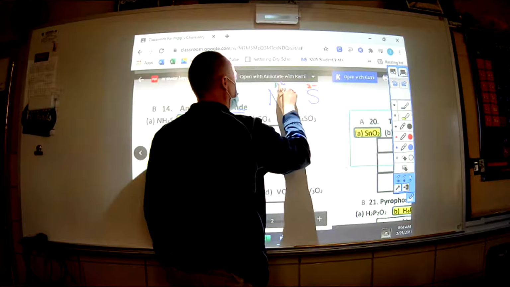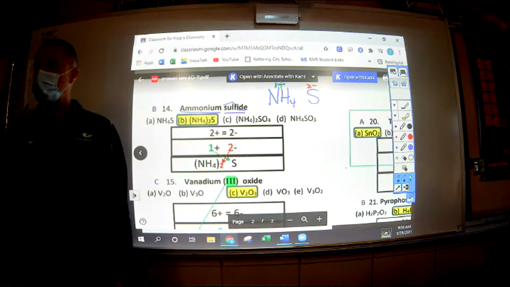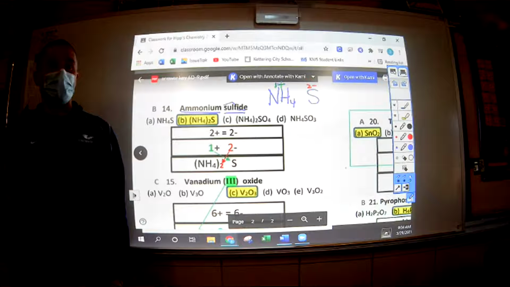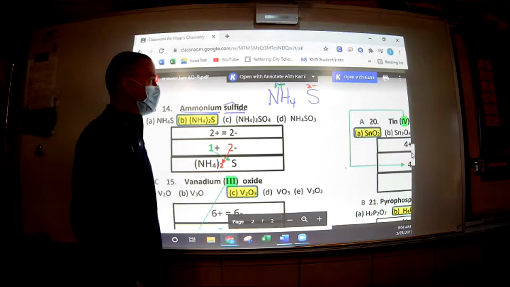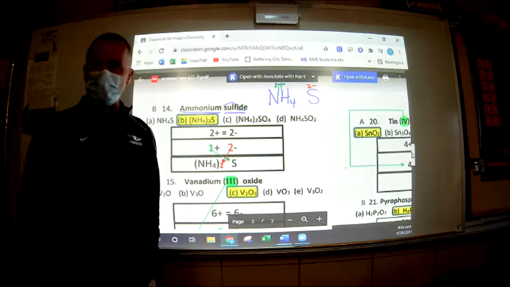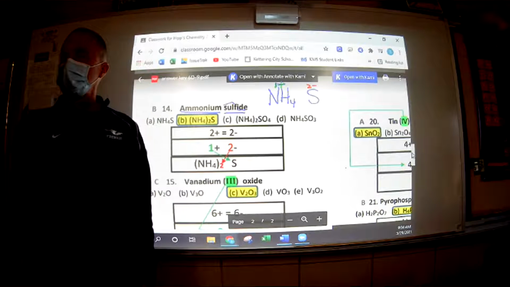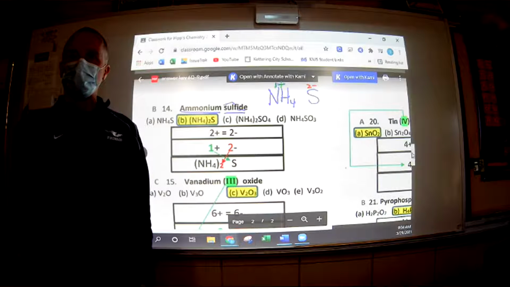This is ionic. I have 2 differently charged ions. I have an anion and a cation. Opposite charges. Positives and negatives together. That is an ionic substance. So first, write the formulas. Second, write their charges. Third thing we're going to do is analyze those charges.